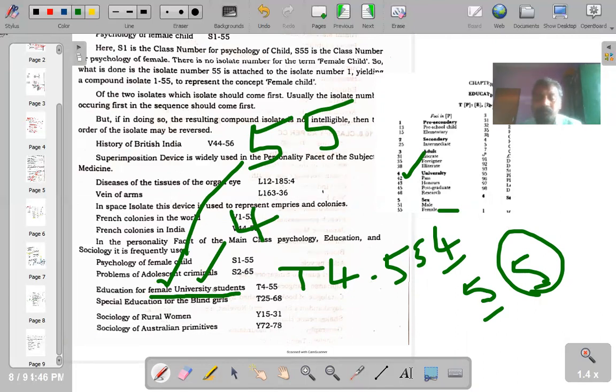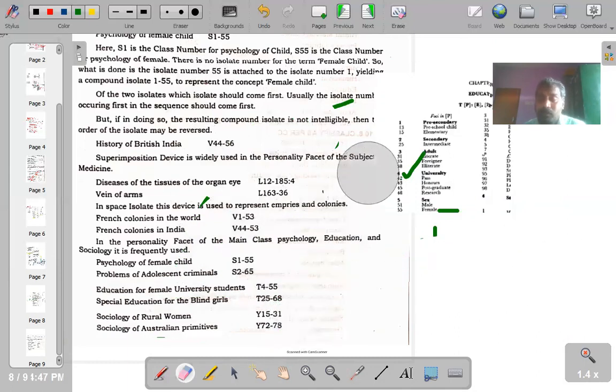The same way, you find the number for rural and the number for women: first 15, then 31. Then comes Australian primitives: number for Australian, number for primitives, with a hyphen in between, 72 first, then 78. So what do you understand? I would like to make this point very clear to you.